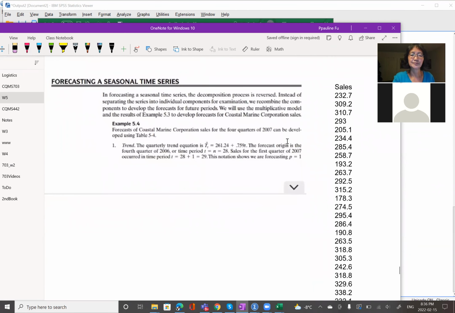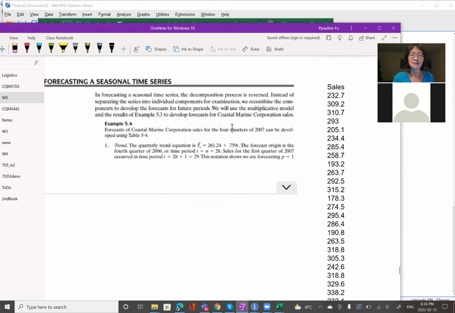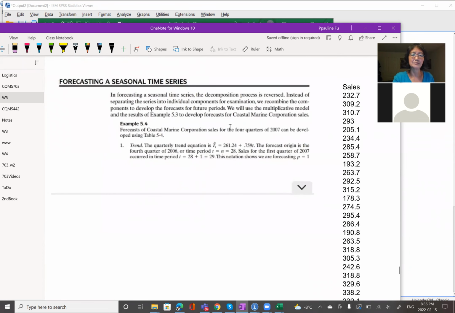So this is example 5.4. Okay, to forecast sales for the fourth quarter of 2007. Remember that data for your reference.